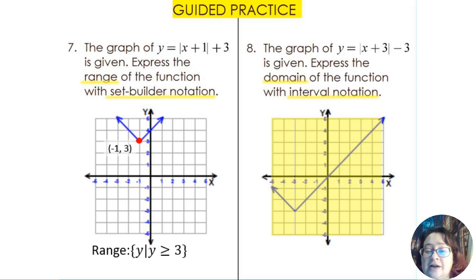Interval notation, I write the lowest value it could be all the way to the highest value it could be. Because it keeps going in both directions, it is -infinity to +infinity. So we write both of those values, and we use open parentheses for any infinity in our domain. So open parentheses, close parentheses, and inside that -infinity, comma, infinity.